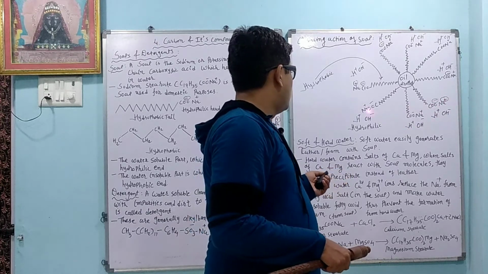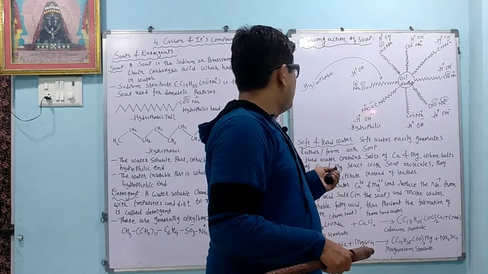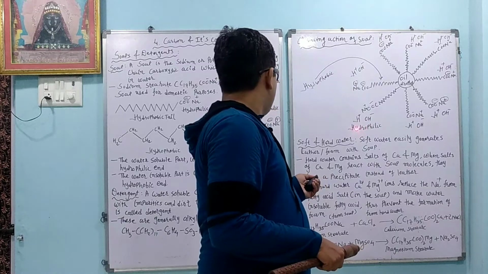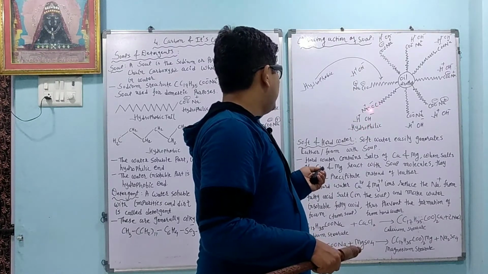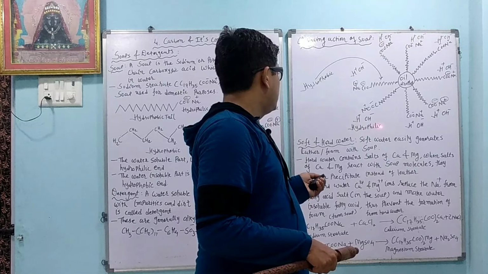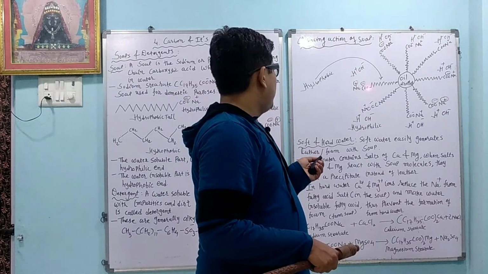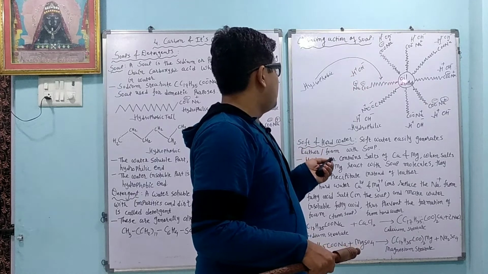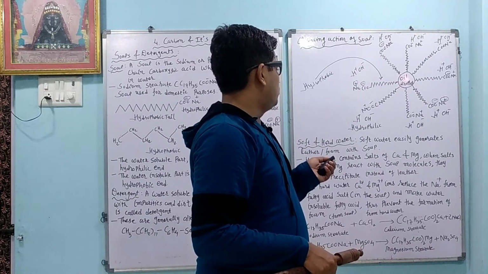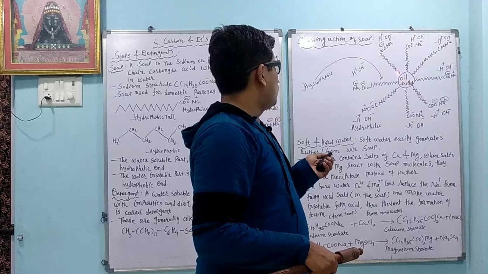This COONa part is the hydrophilic part. COONa has charge and water also has charge, so it is attracted towards the water. Like that, the head part is connected with the water and the tail part is connected with the oil, the dirt or the oil droplet.